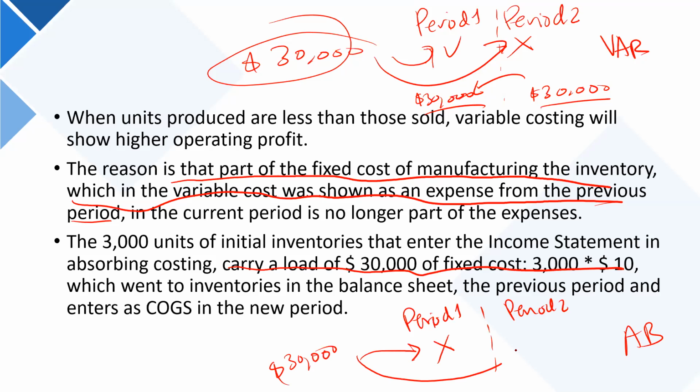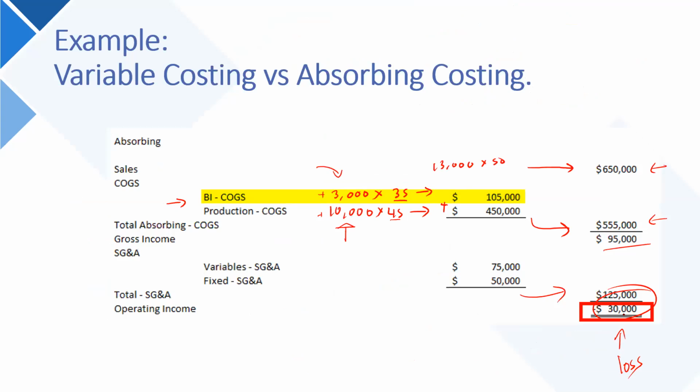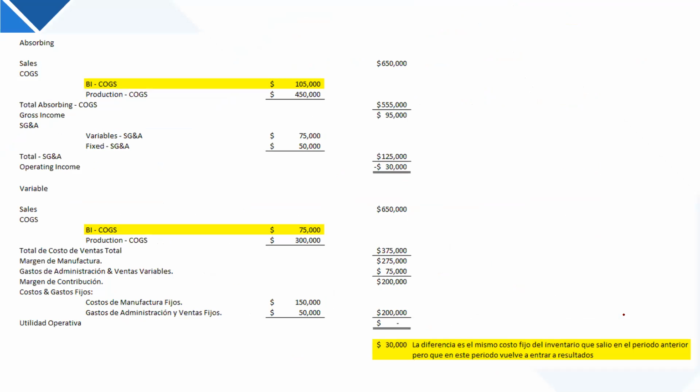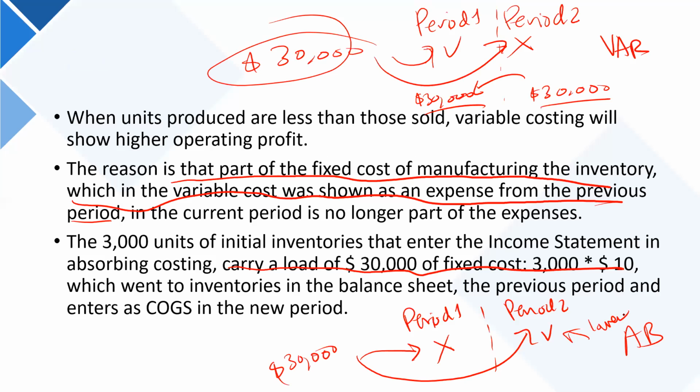It's actually being registered until we are selling it in period 2. And that's why the operating income is lower on the absorbing costing. You see, here we have a loss, and here we don't have it. So that's the reason, guys. Any questions?